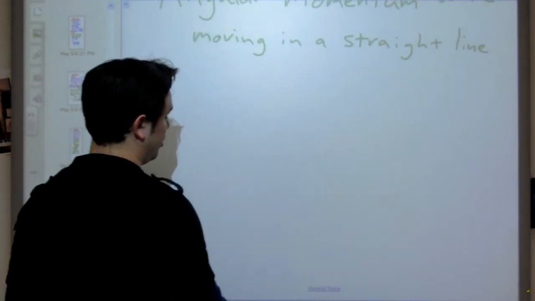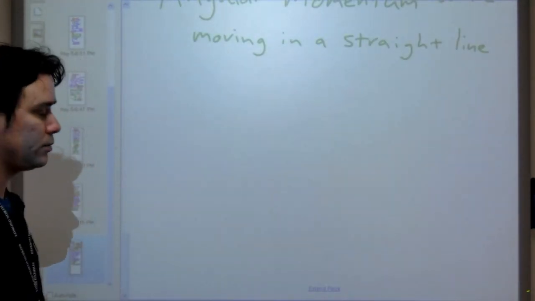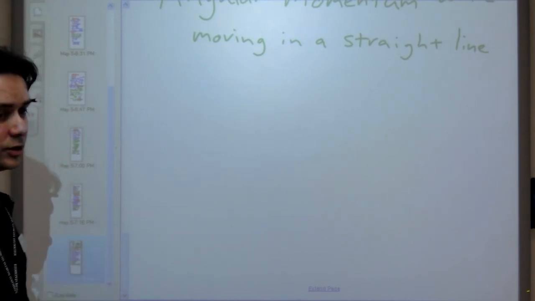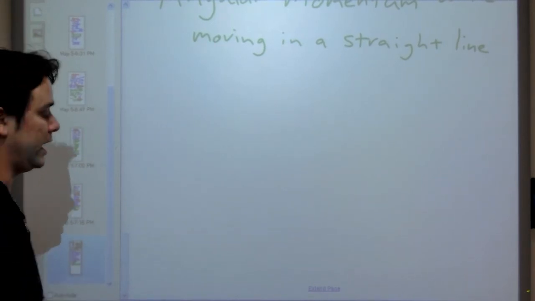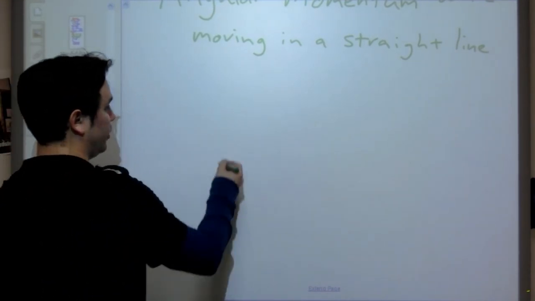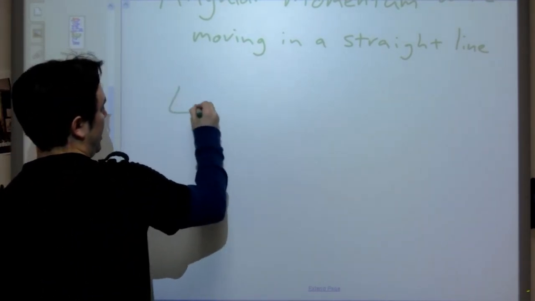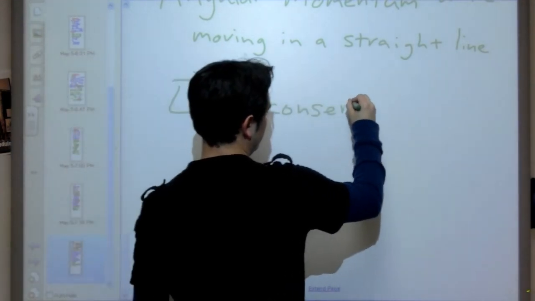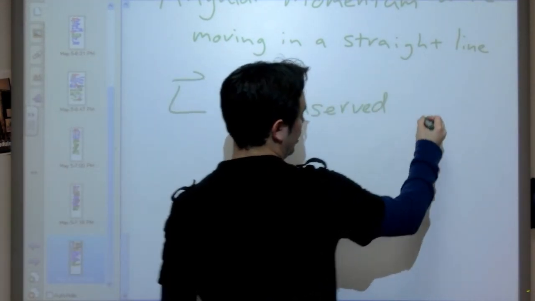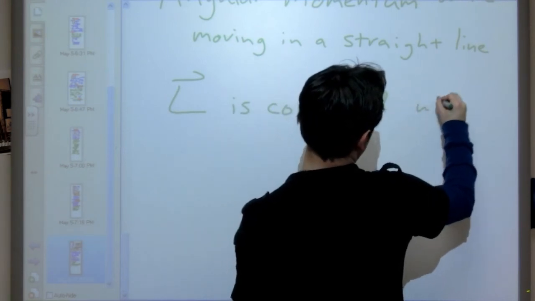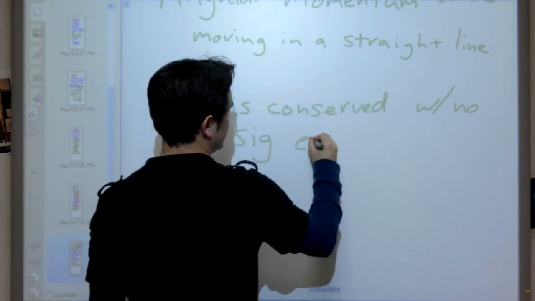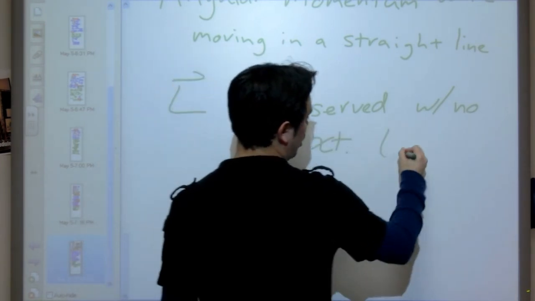And when it comes to angular momentum, just like with regular momentum, translational momentum is conserved so long as there are no significant external forces. Our equivalent in rotation is angular momentum is conserved when there are no significant external torques.